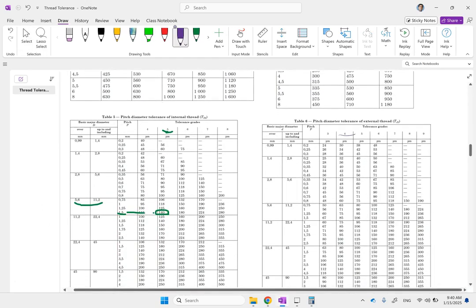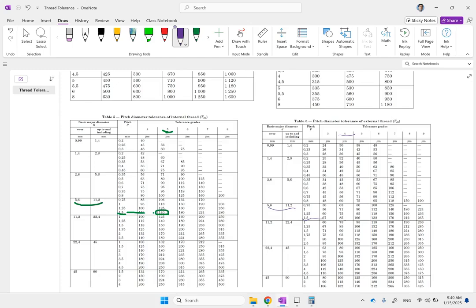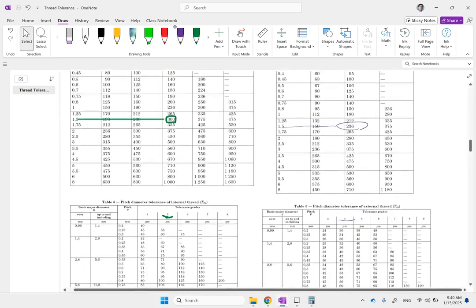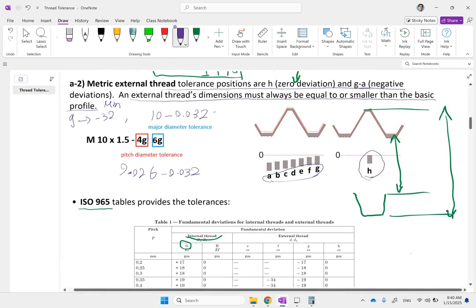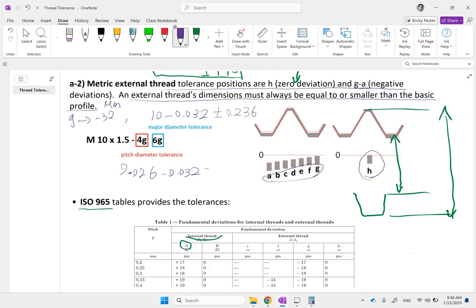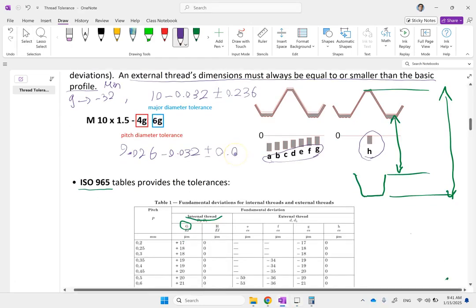So we go down class 4. Again, diameter falls in this range, and that is the pitch. So we follow the 4, and we get 85. So 236 and 85. So this is going to be plus minus 236, and this is going to be plus minus 85.